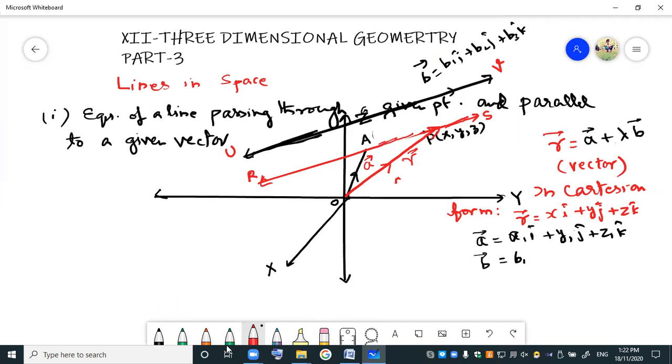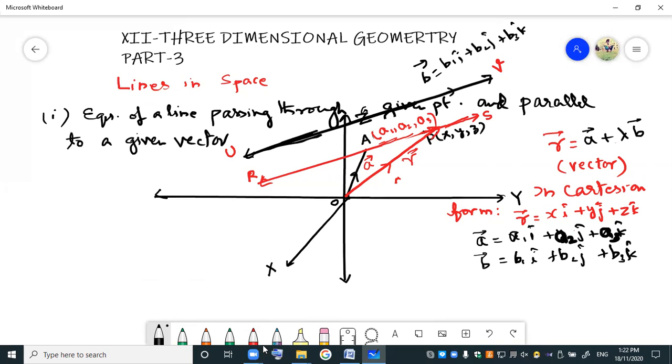This is A, and the coordinates of A we take as a1, a2, and a3, instead of x, y, z. Then vector A will be a1i plus a2j plus a3k, and vector B is b1i plus b2j plus b3k.